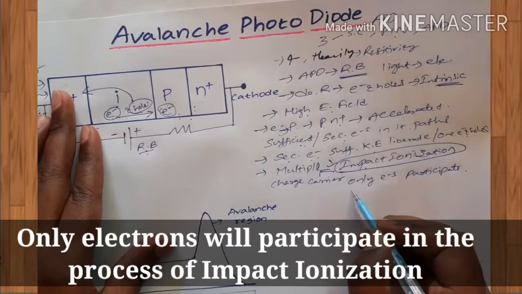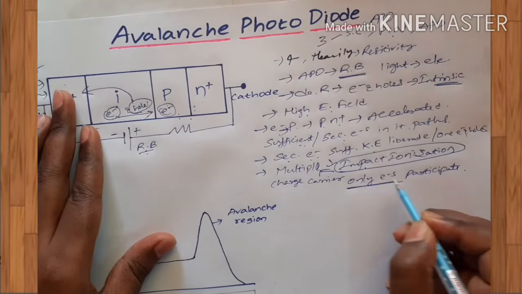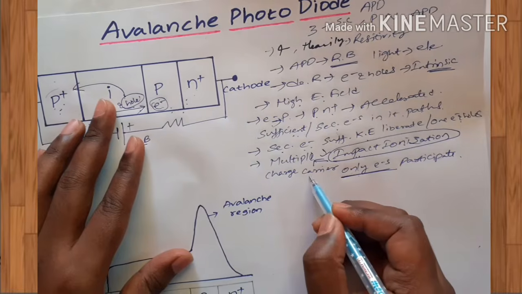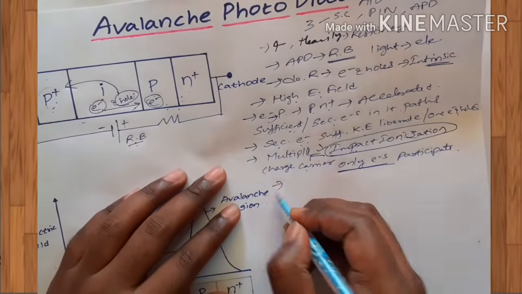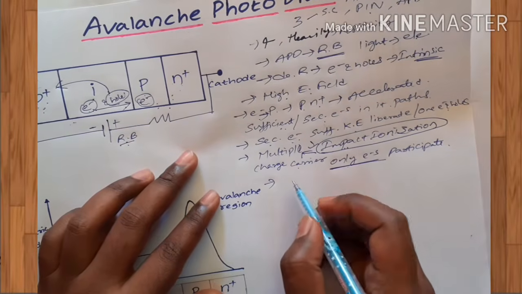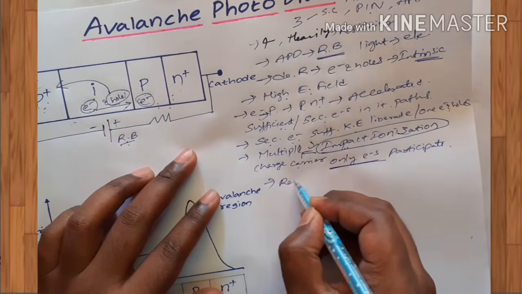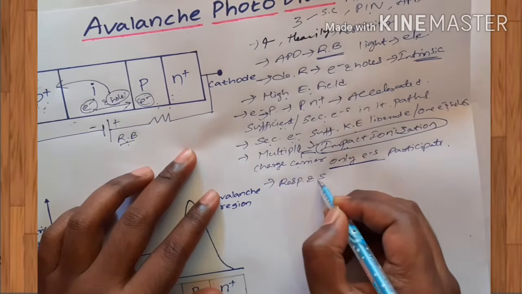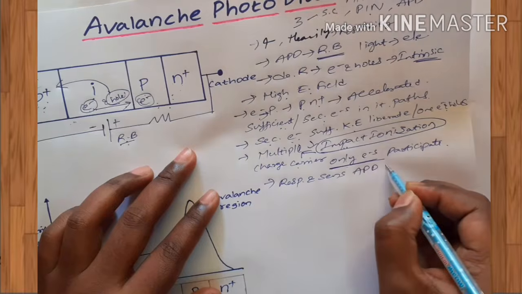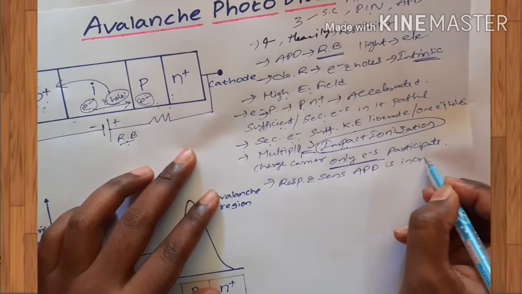So only electrons are responsible for impact ionization or multiple generation of charge carriers, and because of the generation of such a large number of charge carriers, the responsivity and sensitivity of the avalanche photodiode increases.